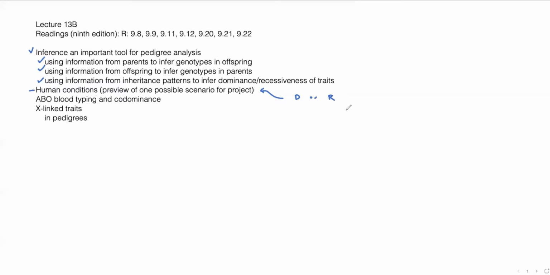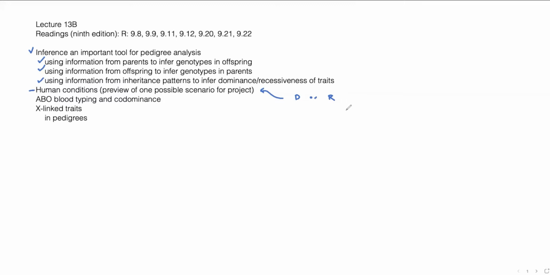Your textbook talks about some examples of dominant traits and recessive traits. You might choose one of those conditions for your project. I would actually prefer that you go and do some research on your own, find another condition that is not described in the textbook, and dig up information about that.